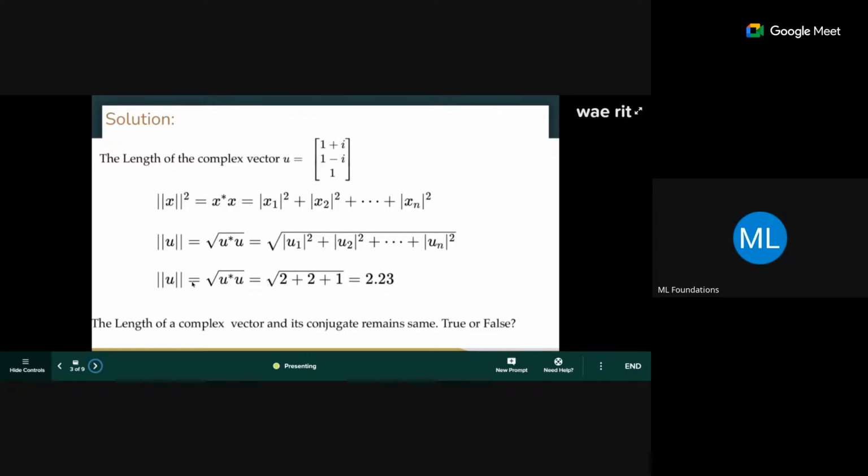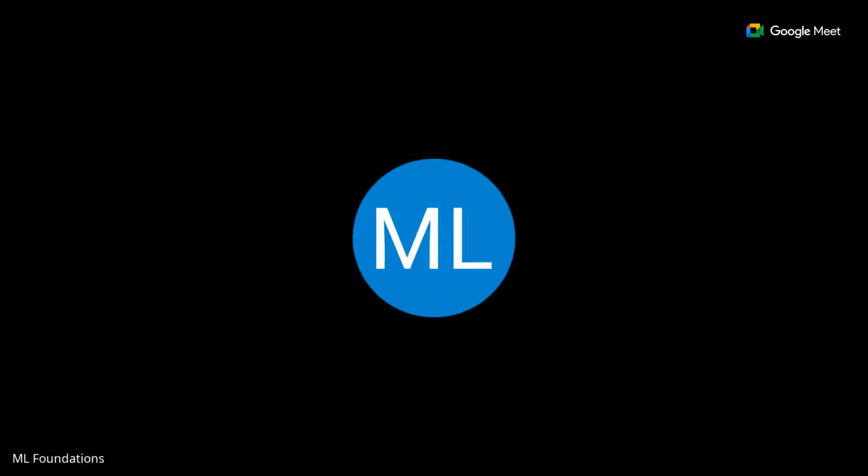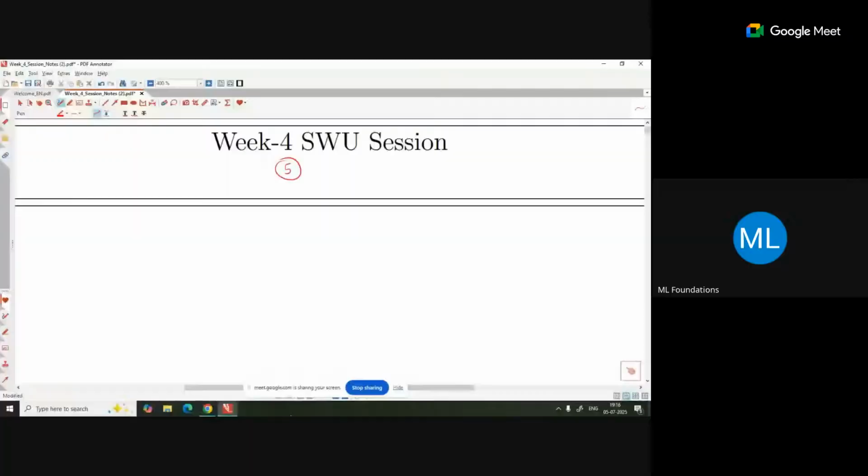In the case of a complex vector, this formula will change. And how will it change? So in this case we have vector u, right?